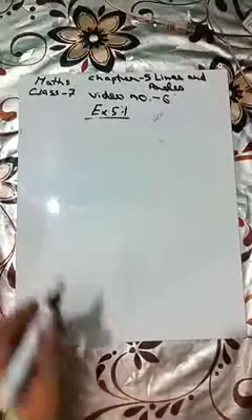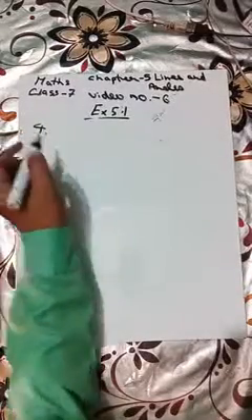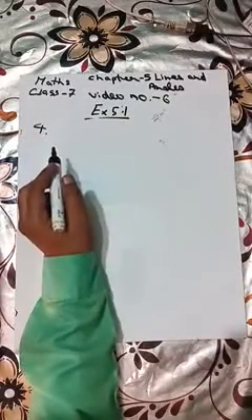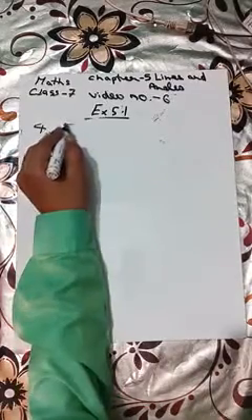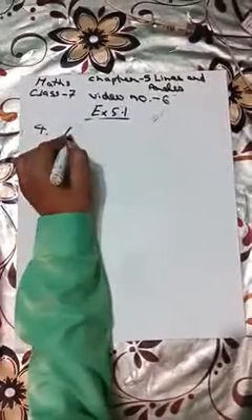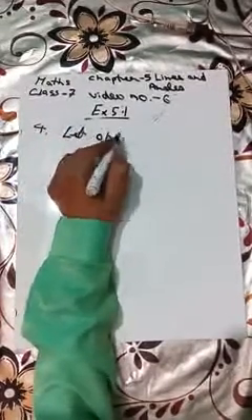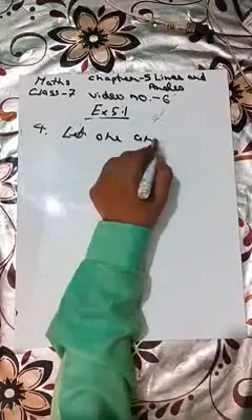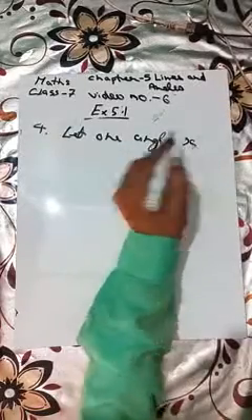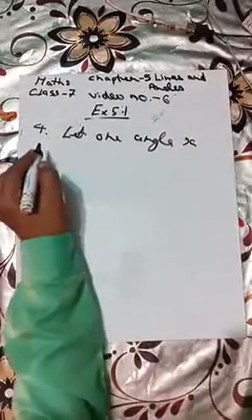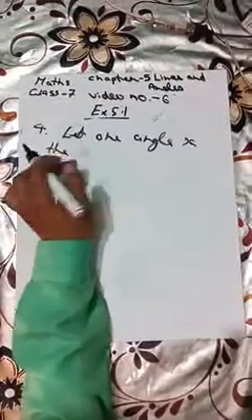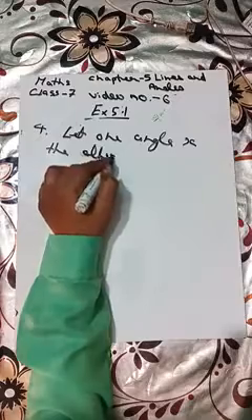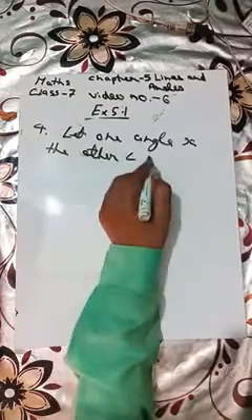In the fourth one, it is given to find the angle which is equal to its complement. Okay, so if one angle is x, the other angle will also be x.